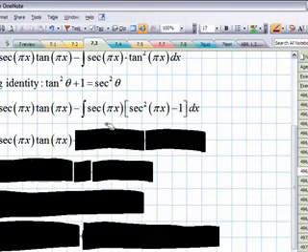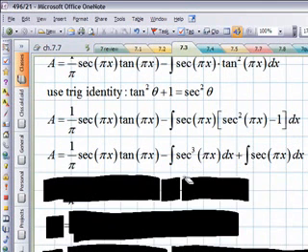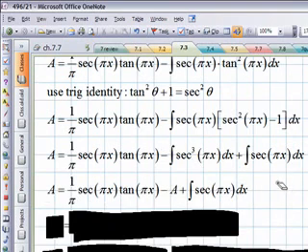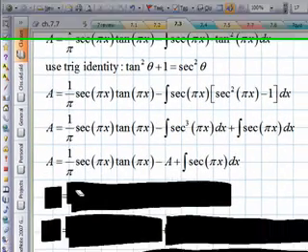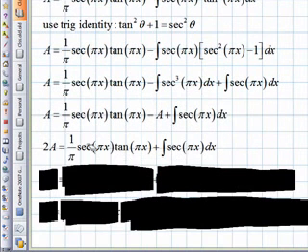And then distribute this, and write it as two separate integrals. Now, this is what we began with, so that's a key point here. So actually, this is A. And we're trying to solve for A. That's really the whole point of this. So what we can do is add A to the other side. Then we're left with this integral.